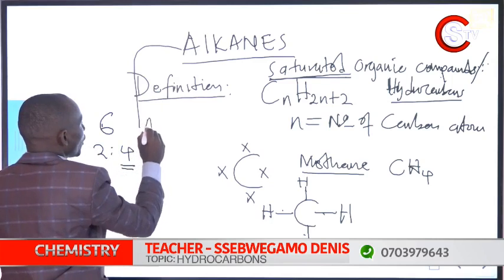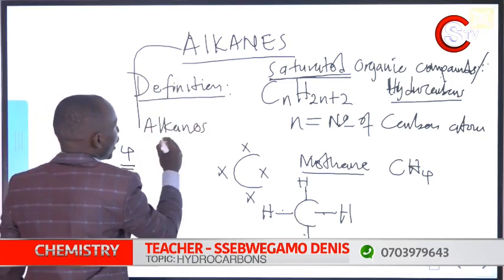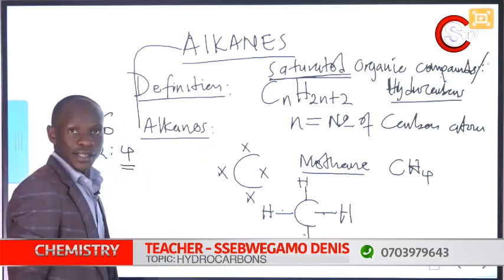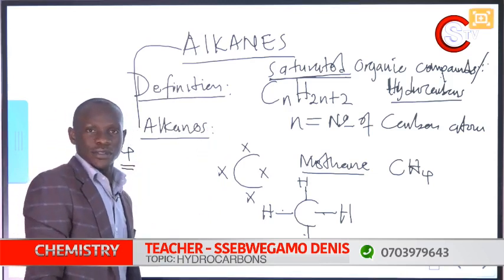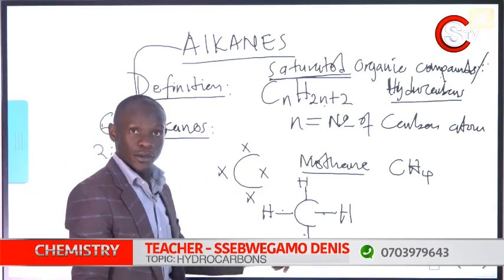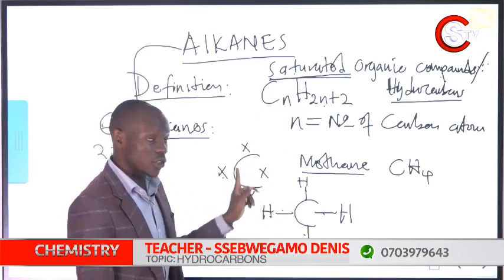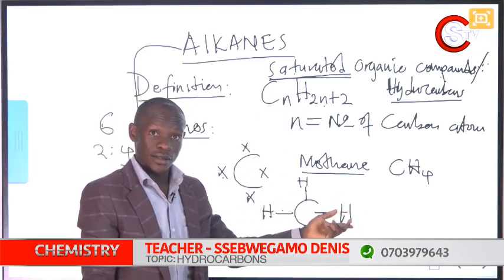Again, in alkanes, we shall find that alkanes are less reactive. And what makes them to be less reactive is what I'm talking about right now. That they are saturated and they use all their 4 valence electrons to bond with others.